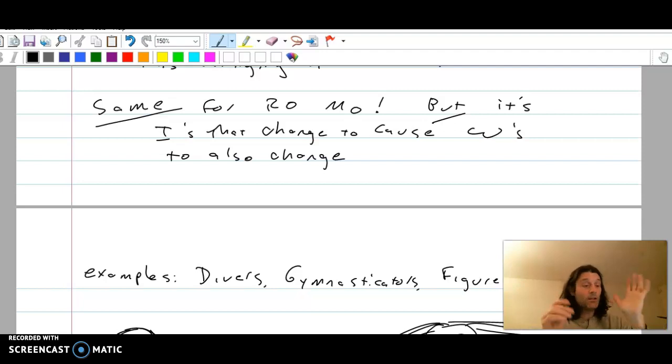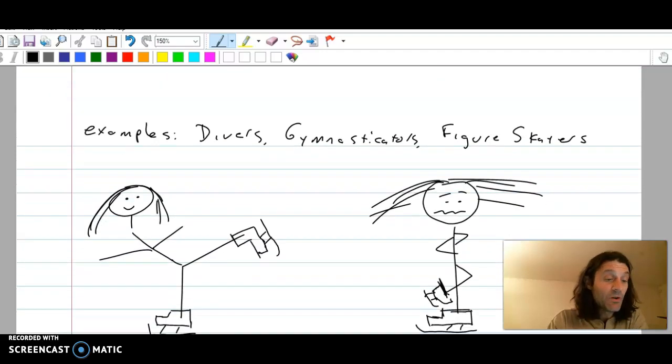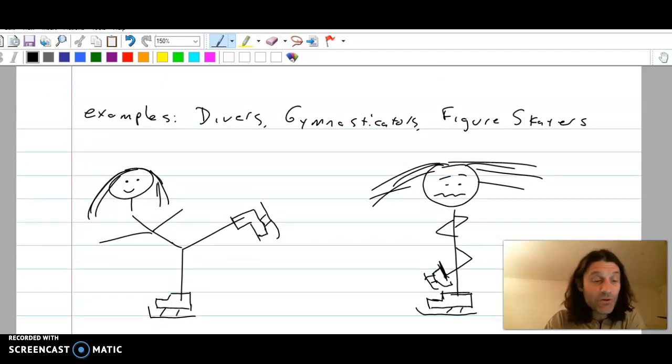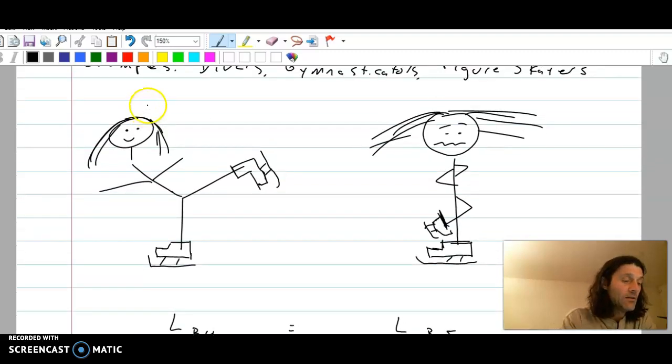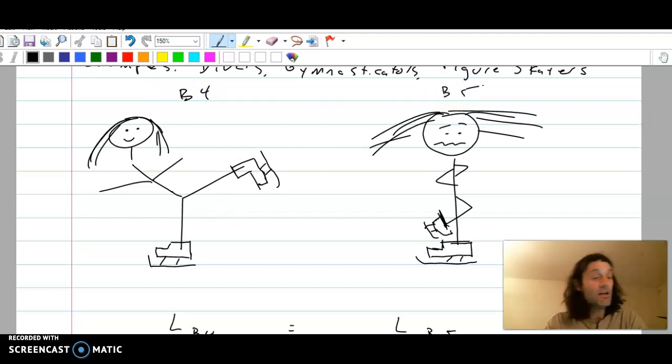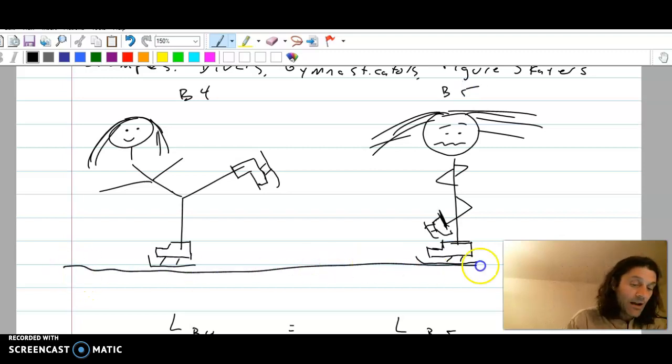Examples of this are folks who do diving, gymnastics, or figure skating. This drawing is a figure skater that starts here, so this is before, and then this would be after. I'm going to say this figure skater is skating on some ice down there.